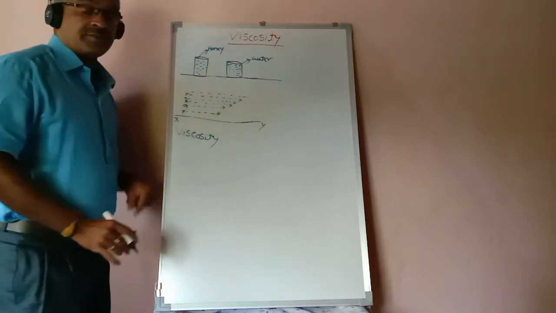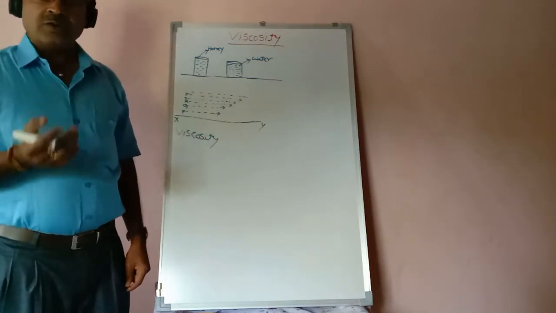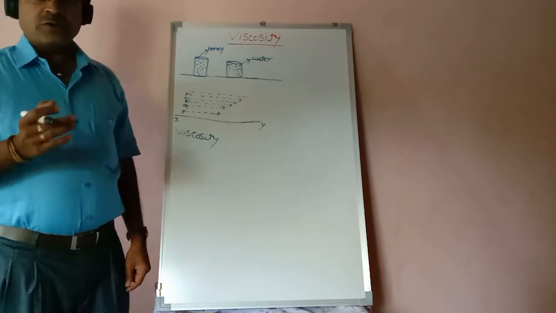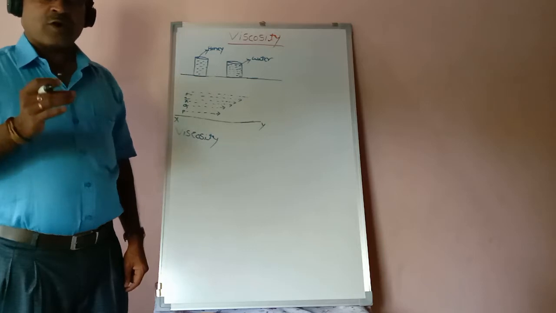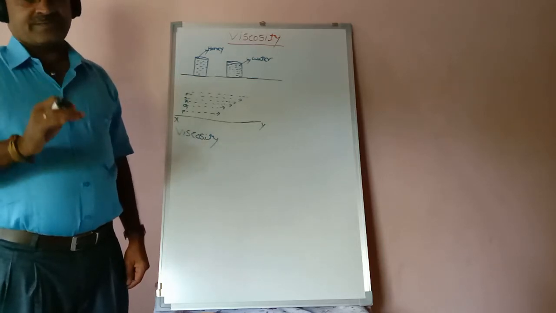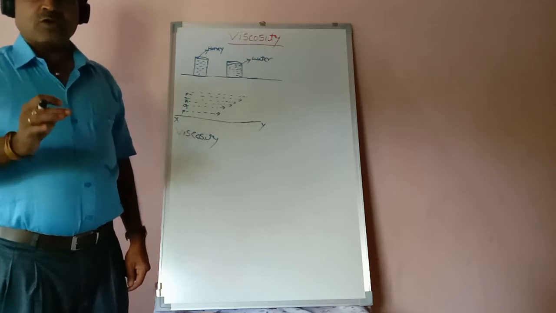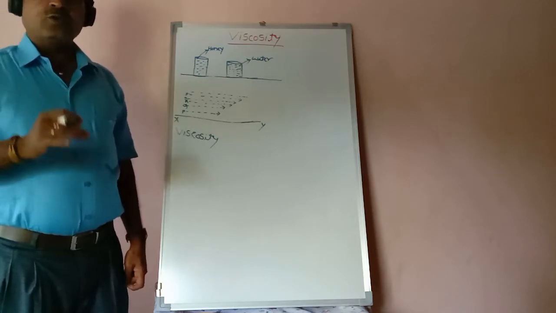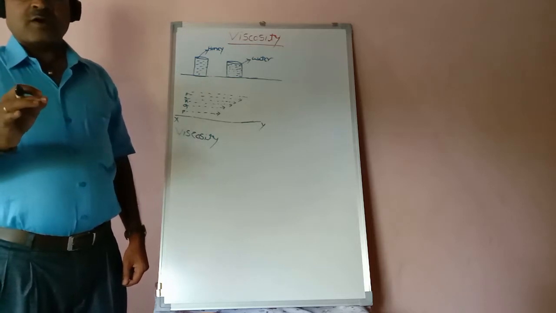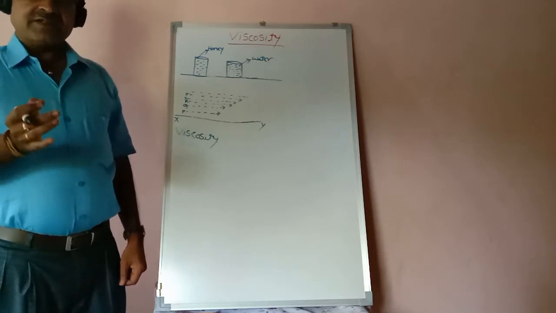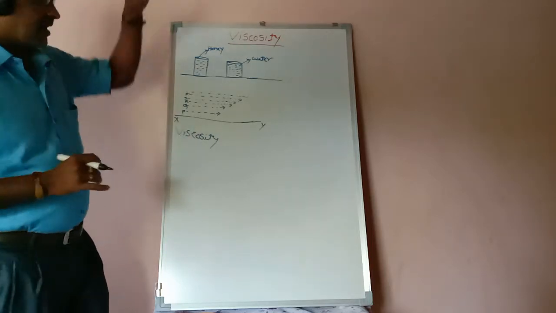The property of the liquid by virtue of which it opposes the motion of two adjacent layers of the liquid is called viscosity.